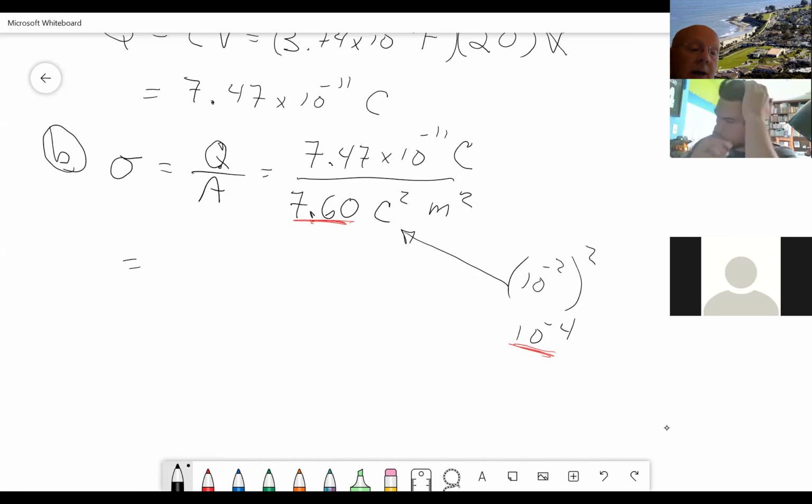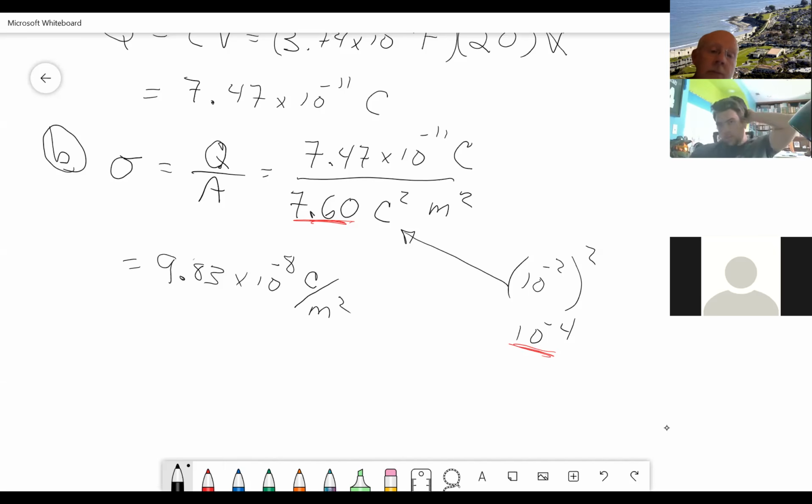And so I get 9.83 times 10 to the negative 8 coulombs per square meter. And I will write that so I can check the answer real quick when I'm done.